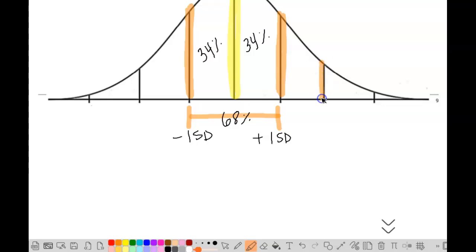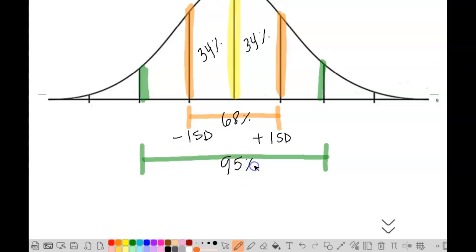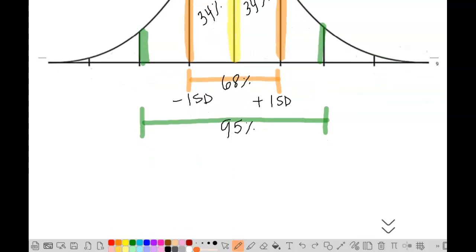Then next interval, 2 deviations. 2 deviations from the mean is how much percent of the data? 95, good. Okay. And so if they ask us 2 deviations from the mean, it's no longer plus 1, now it's how much?